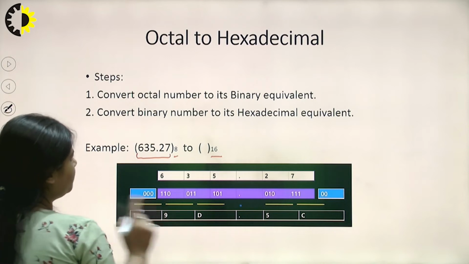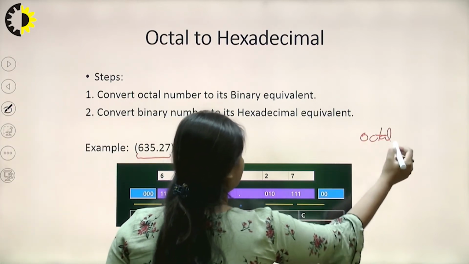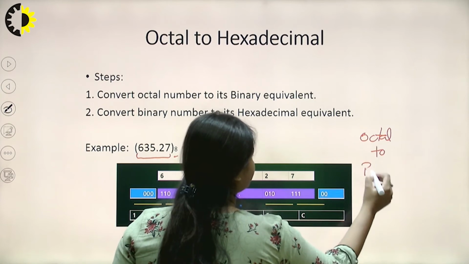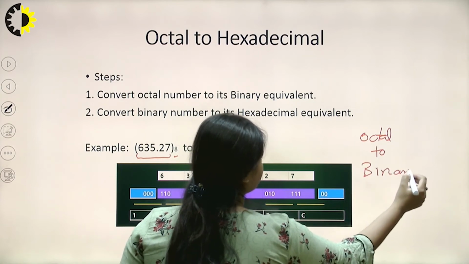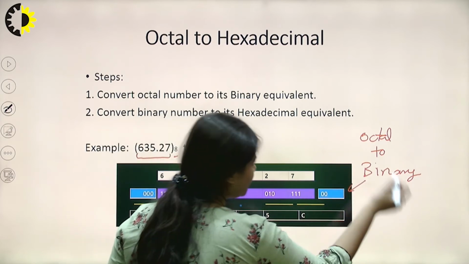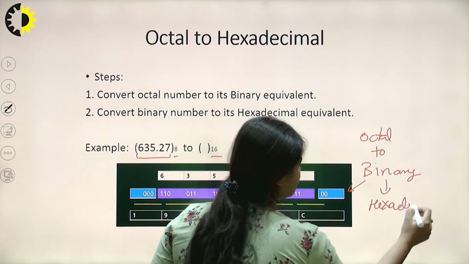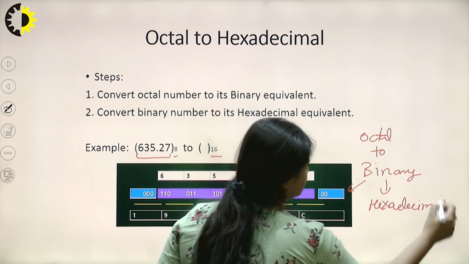First step, we do octal to binary. Then this binary number will be converted into hexadecimal.